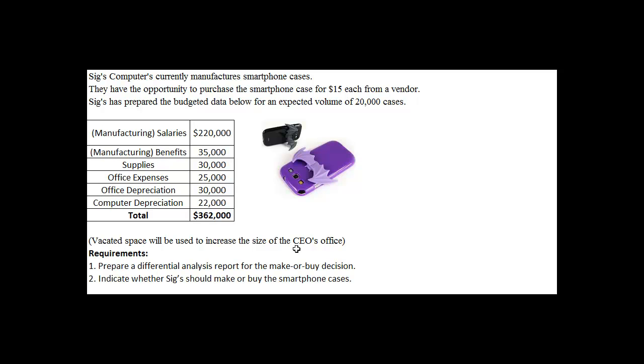So in other words, we're saying there are no opportunity costs in vacating our manufacturing premises, which might not be necessarily realistic, but for our purposes that's what we're doing. So what I'm going to do here is prepare a differential analysis report to help us make that decision easier.